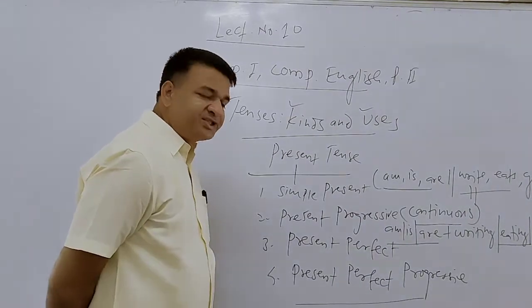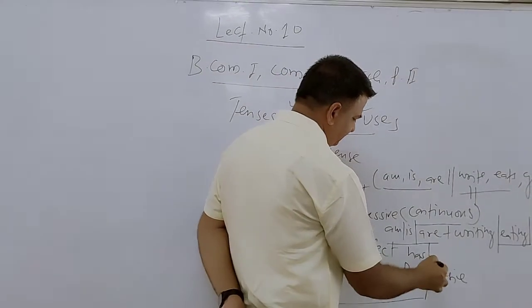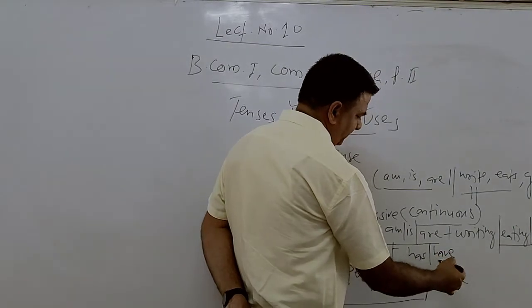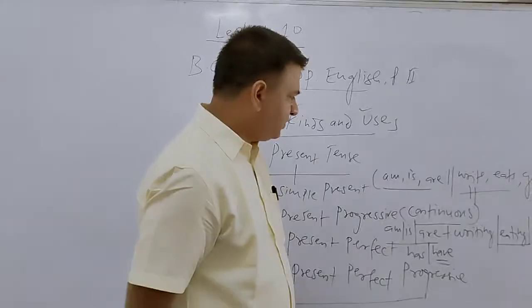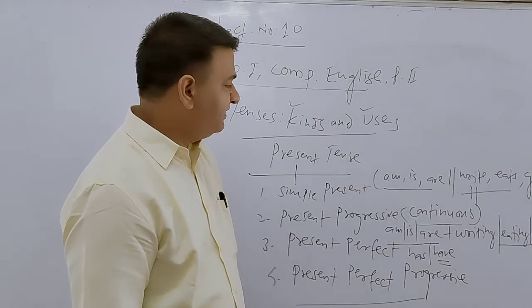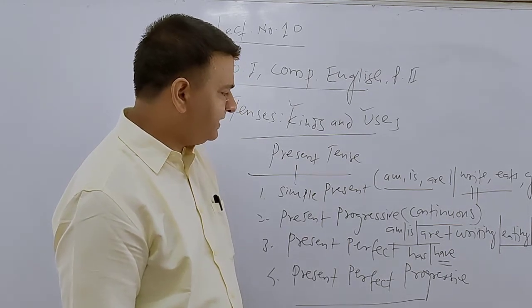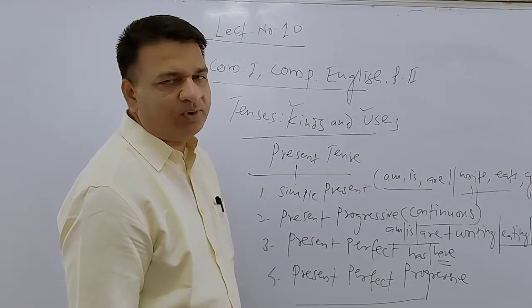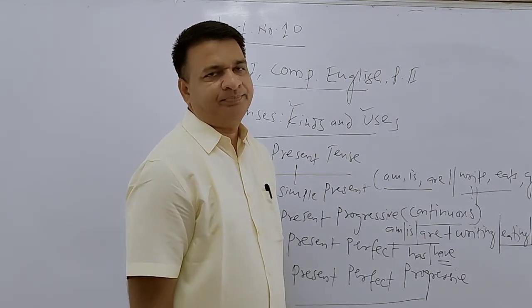Then we have present perfect. We use has and have. Have for plural cases and for I, first person, and has for the third person singular number. She has, it has. Like he is, she is, has is usually only for the third person singular number. Means Ram, Sita.